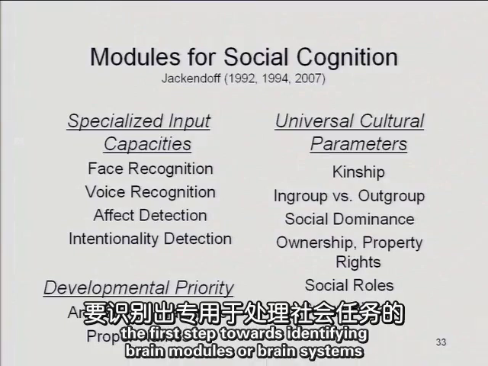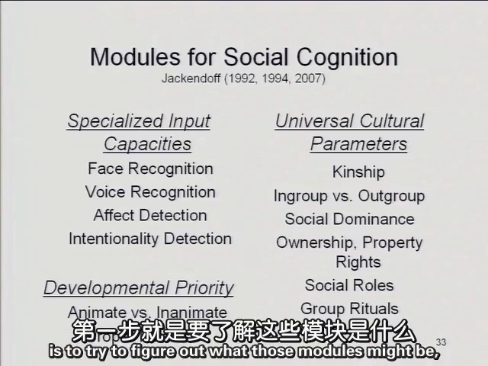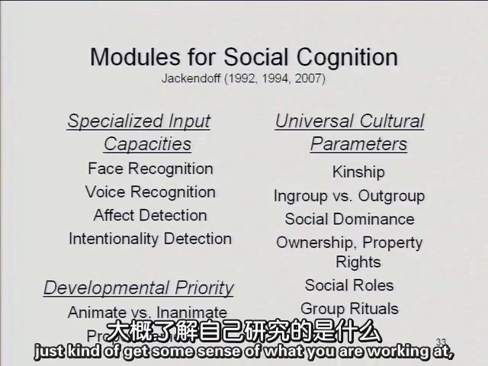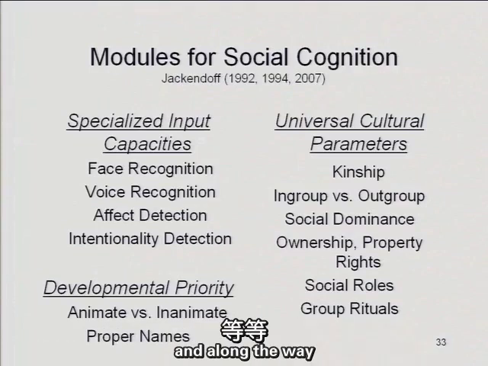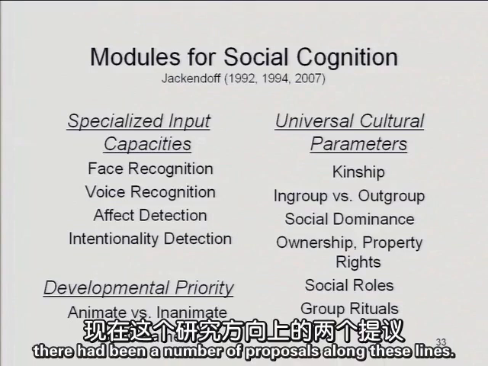So in fact, the first step towards identifying brain modules or brain systems that are particularly dedicated to social tasks is to try to figure out what those modules might be, just get some sense of what you're looking at. And along the way, as I described all too hurriedly at the end of the last lecture, there have been a number of proposals along these lines.